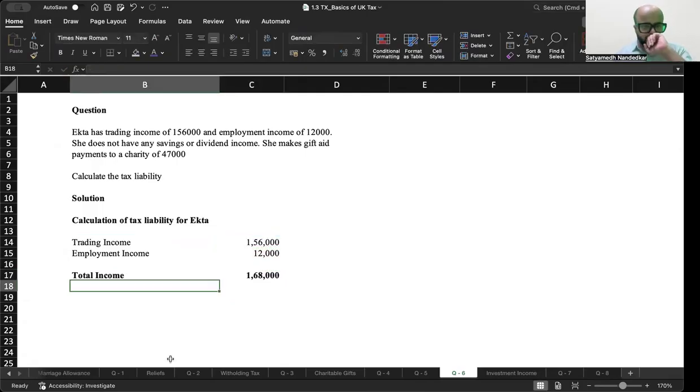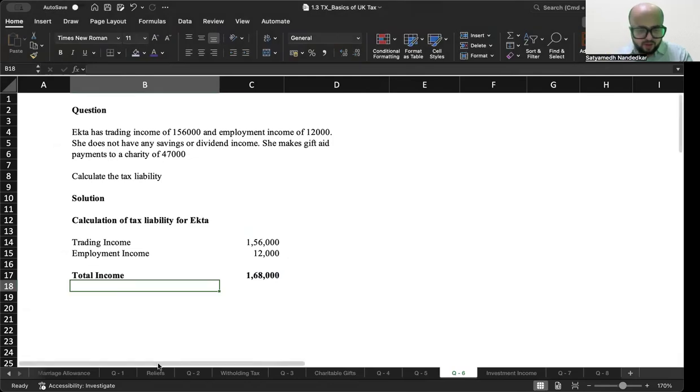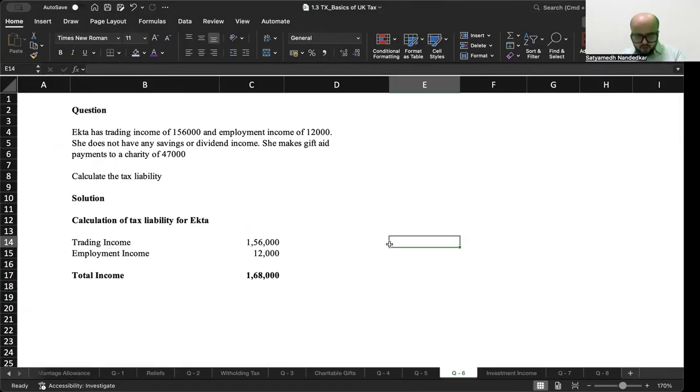1,68,000. She makes gift aid payments to a charity of 47,000. Now observe one thing here. We'll have to work on the personal allowance bit also. If you remember the other day, we saw the whole discussion on personal allowance and reduction of personal allowance. How much is the reduction of personal allowance?